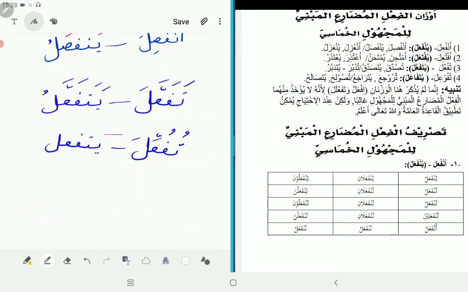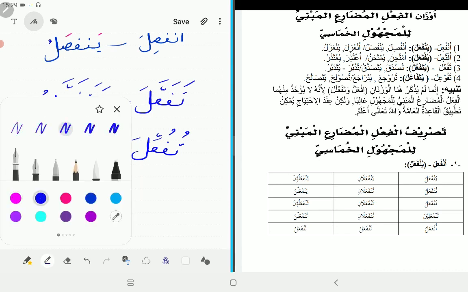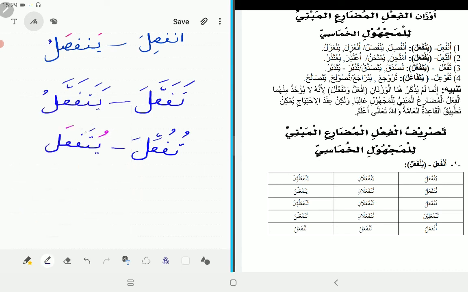I will give this dhamma. And here, the letter before last takes a fatha. Okay. So let's put the rest of the harakat on there.